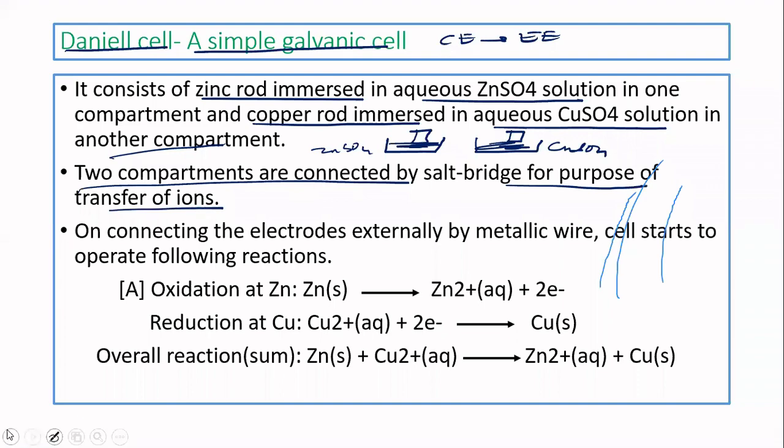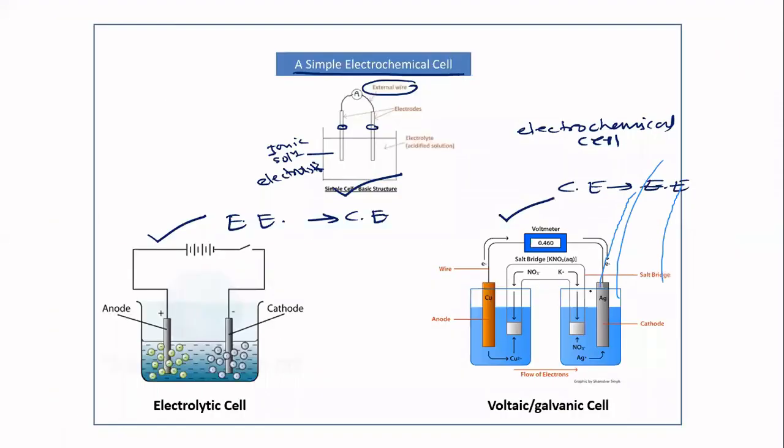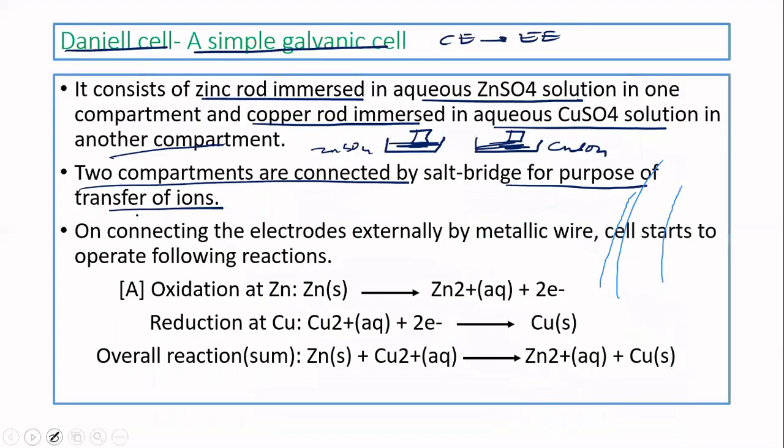If you look at the previous slide, this is actually the voltaic or galvanic cell. Here a silver electrode is used. So this is about the Daniel or galvanic cell.